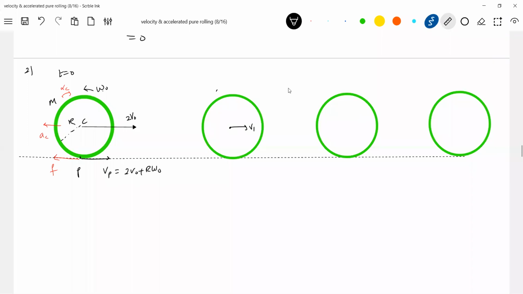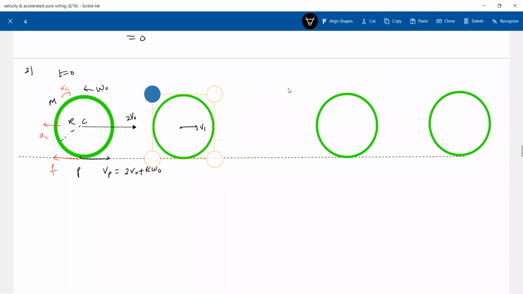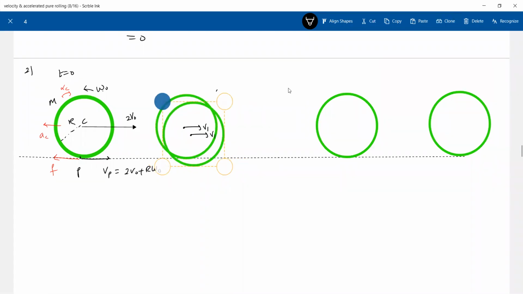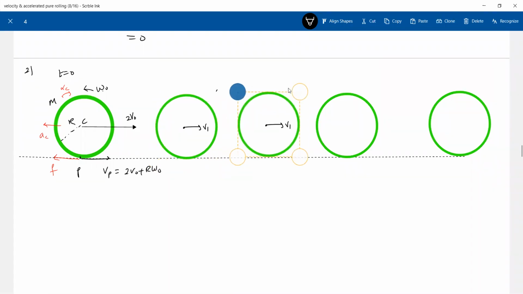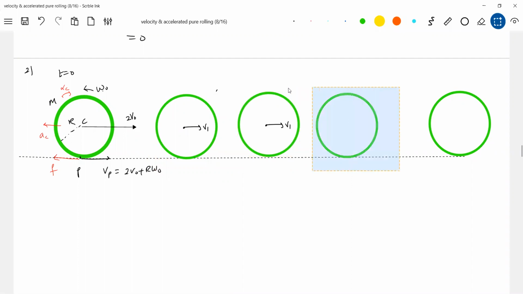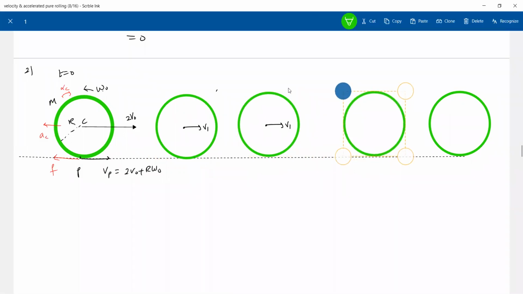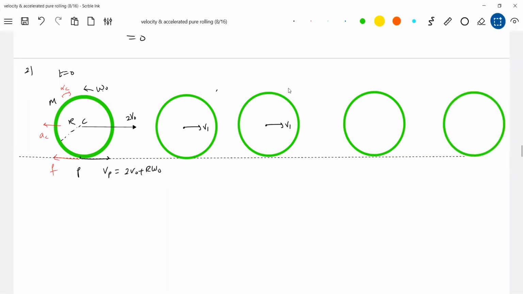First, let me put it, please do make observation.